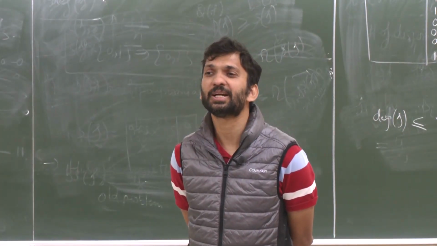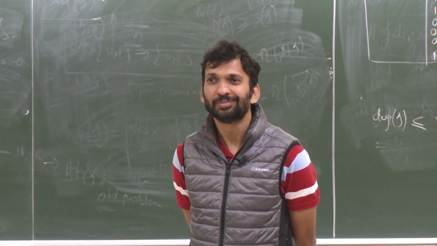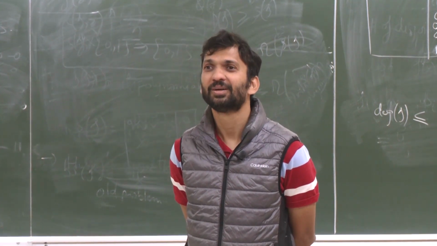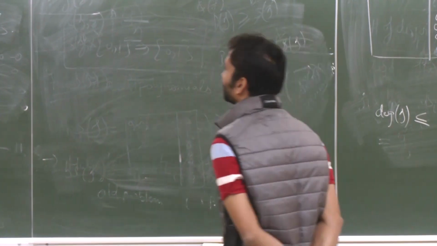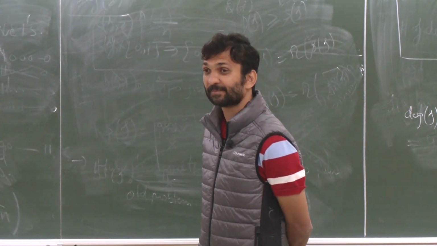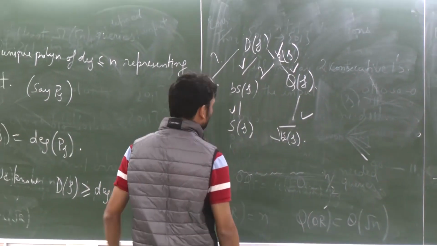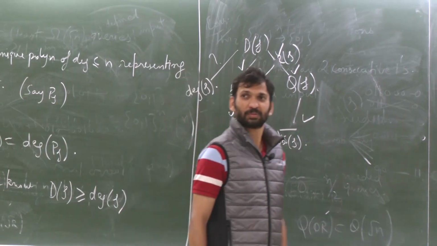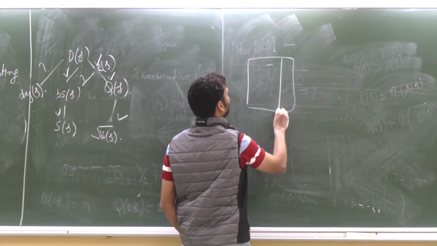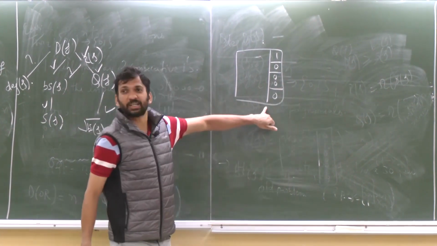What is the polynomial representing OR? Summation of 1 minus xi. No. Okay. What is the representation for this?